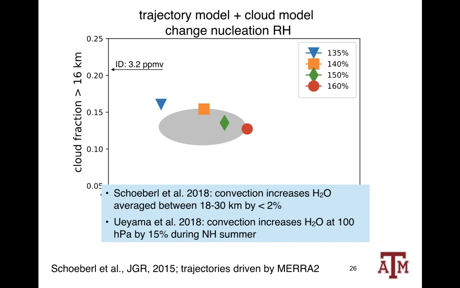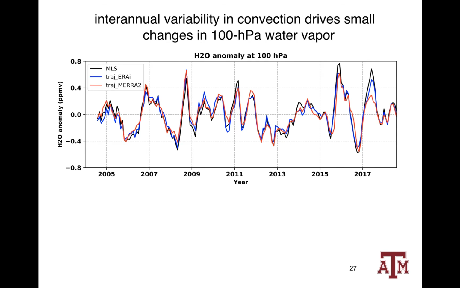You might say those aren't consistent, but I think they are, because Mark's paper was looking at the bulk of the stratosphere, and Ray's paper was looking at 100 millibars. And there is quite a bit of dehydration that goes on above 100 millibars. So you can imagine that convection could be adding a lot of water at 100, but that doesn't actually make it into the stratosphere.